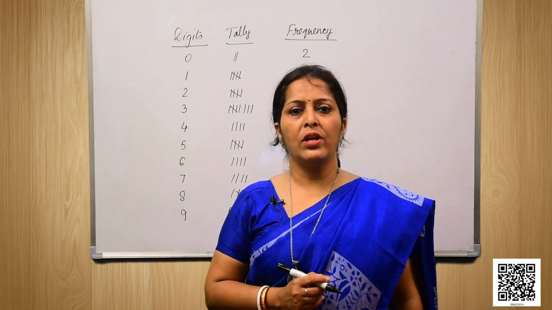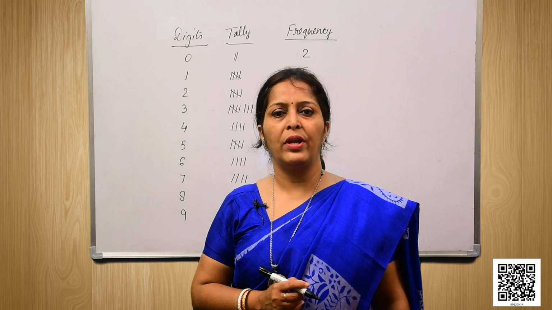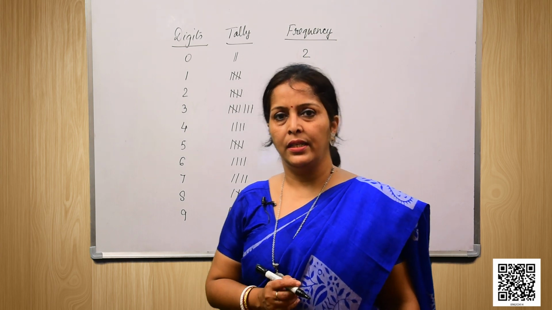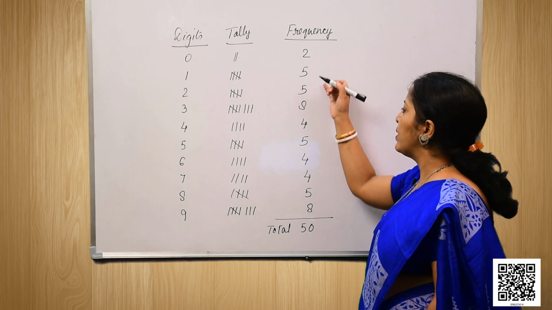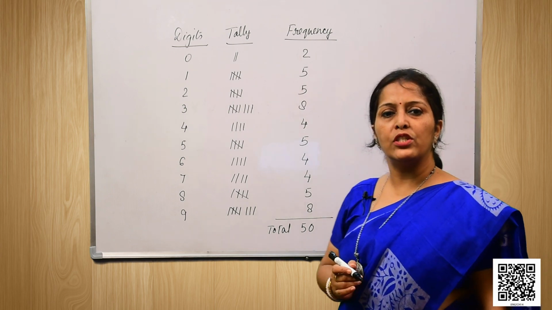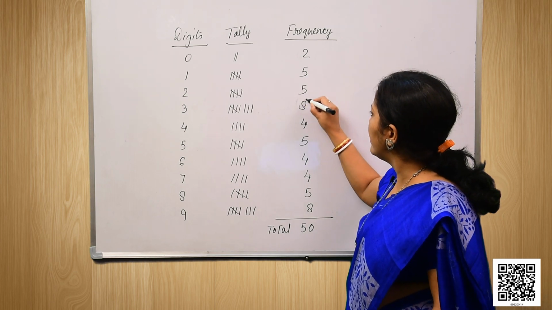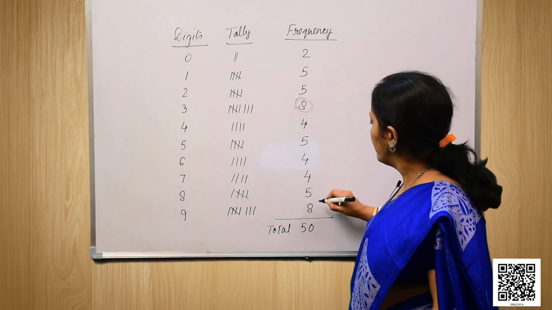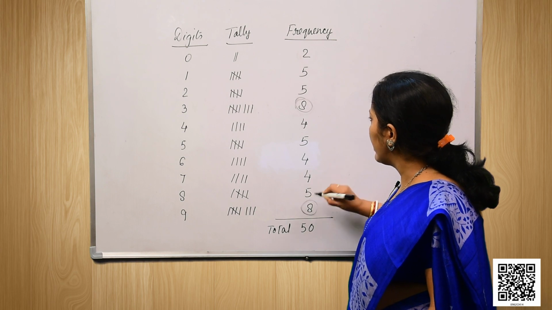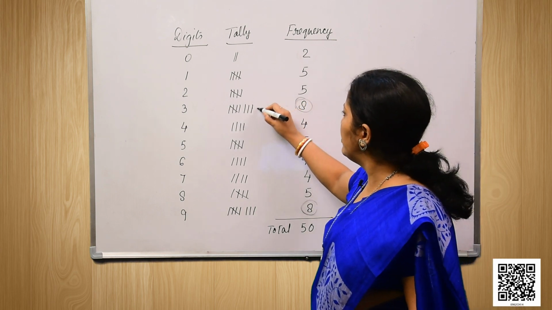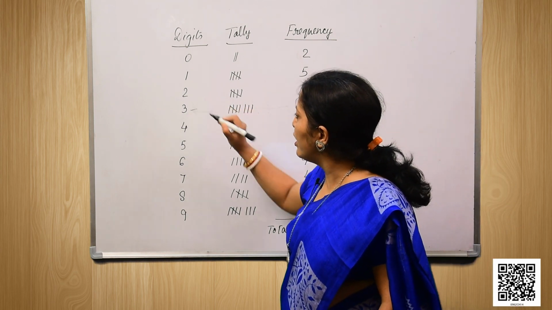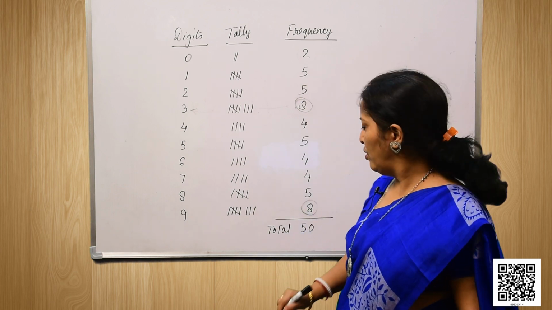Second bit says what are the most and the least frequently occurring digits. Now let us see here in the frequency column. The number which is occurring mostly is the highest number 8, and this is appearing twice. This means the number 3 is occurring the maximum number of times.